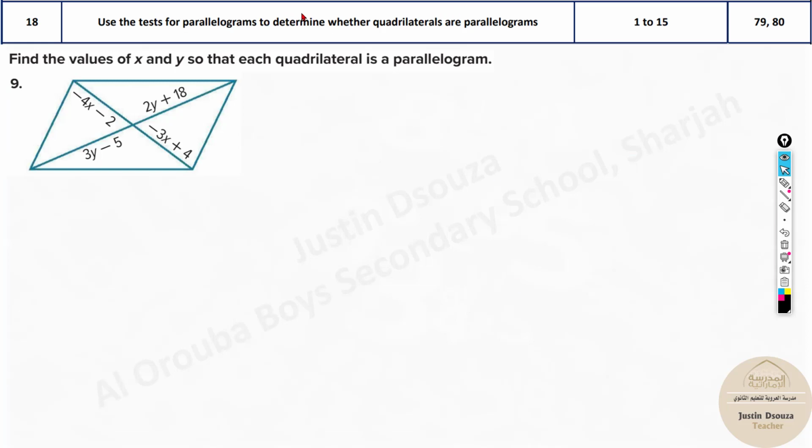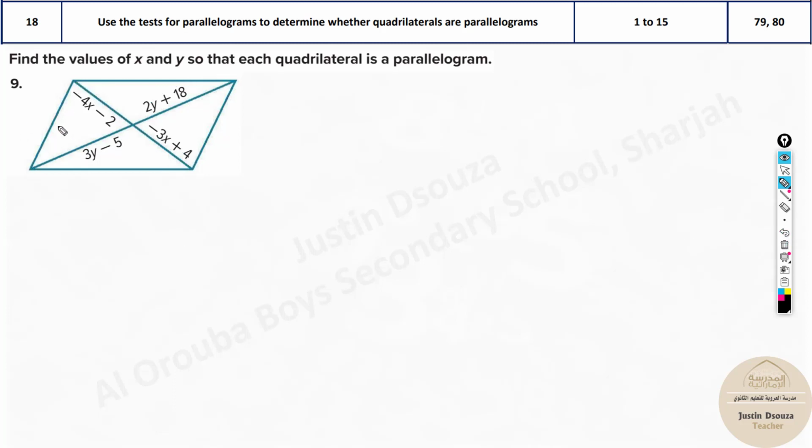Now, what about this one? We need to find the values of x and y. We know that in a parallelogram, the diagonals bisect each other. So I'll write the equation. Look at this line. This particular line must be equal to this particular line. The same with this line. I hope you understand.